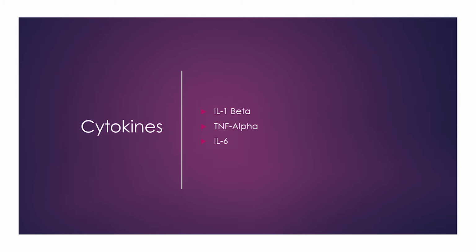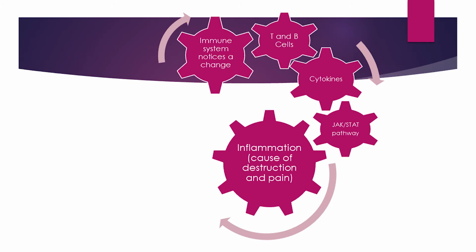It's produced by B and T cells as well as in the synovial fluid itself. So it's present quite substantially. It also plays a crucial role in the other features of RA, such as fatigue and reduced ability to think. So this is one of the reasons for brain fog that happens in many of our community.